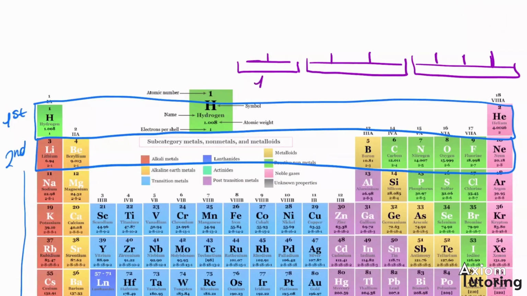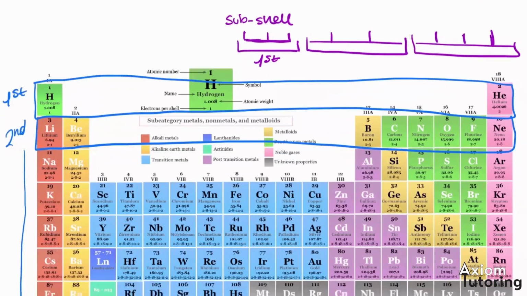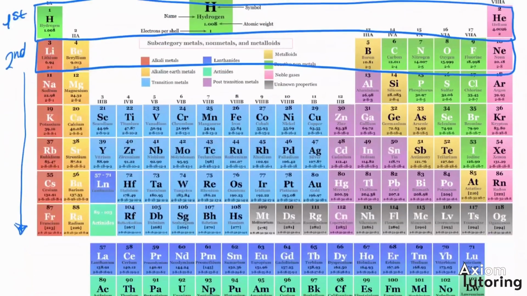So this is, for example, your first energy level. And the number of seats is the type of subshell of your energy level. In chemistry, we have given them different letters to differentiate the different types of subshells. And the periodic table has arranged them again very neatly into blocks.